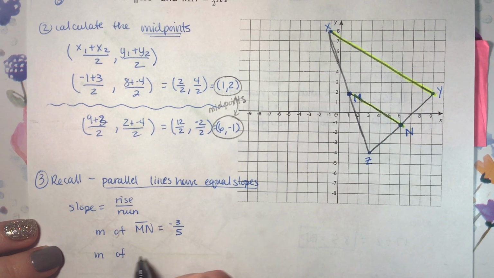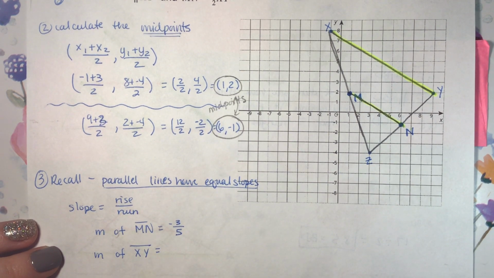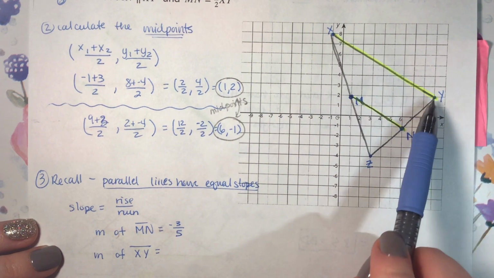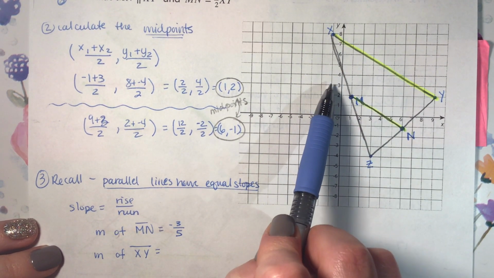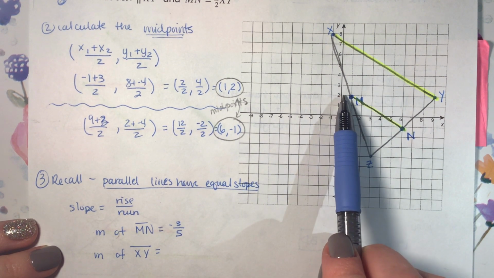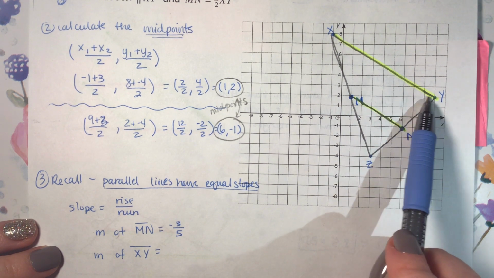Let's find the slope of XY. How far does it take me to get from X to Y? So I go down 6, over 10.